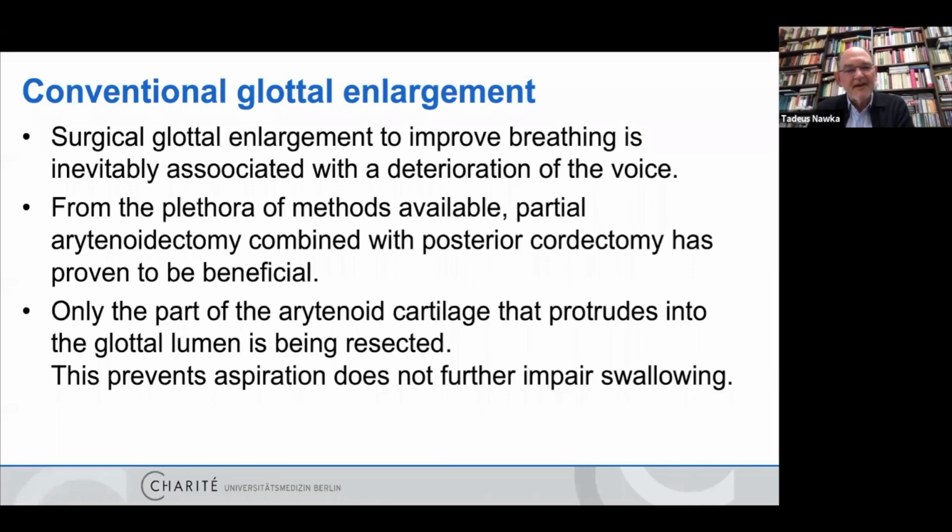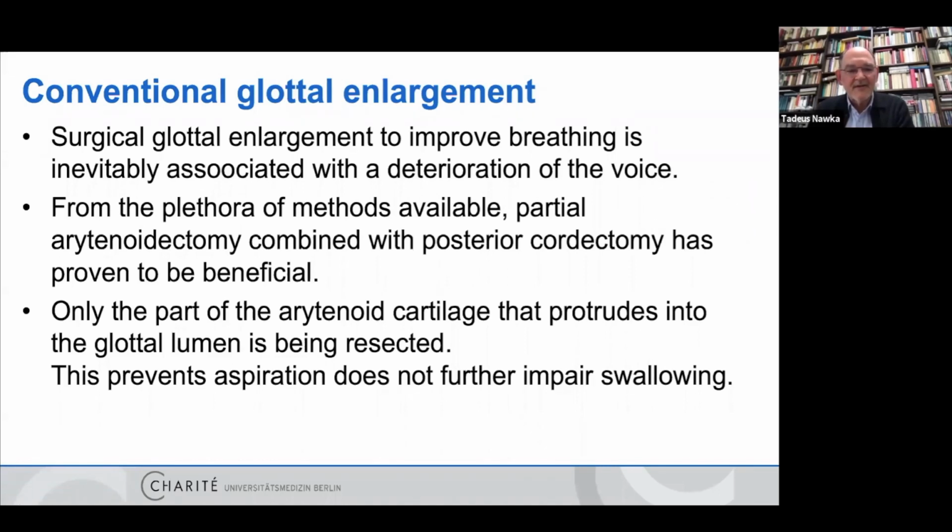And from the plethora of methods that are available, the partial arytenoidectomy combined with a posterior cordectomy has proven to be beneficial. And I have done this kind of surgery since more than 30 years. And I think it's still a very reasonable procedure that I really can recommend.